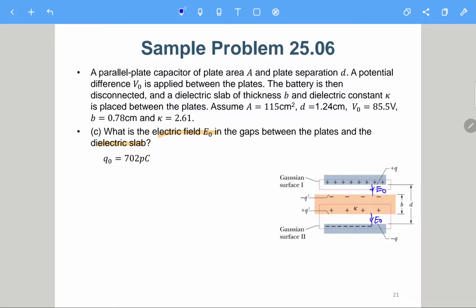And of course, inside the dielectric, the electric field is smaller. So now we calculate E0, and we can use the Gauss law.